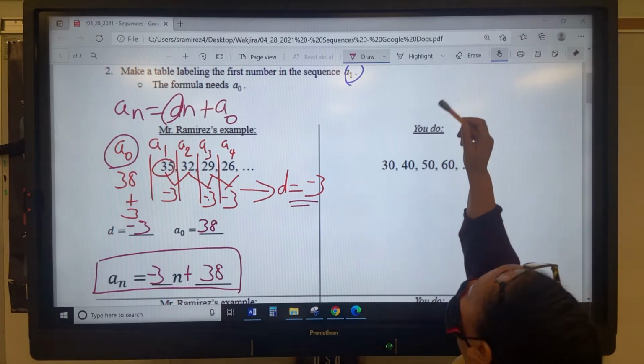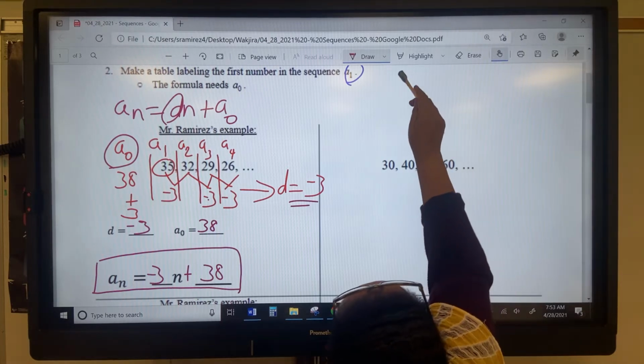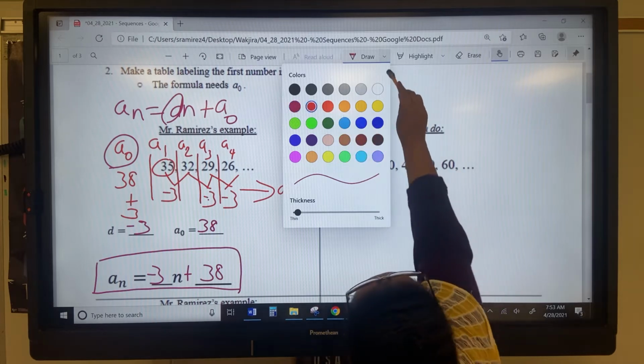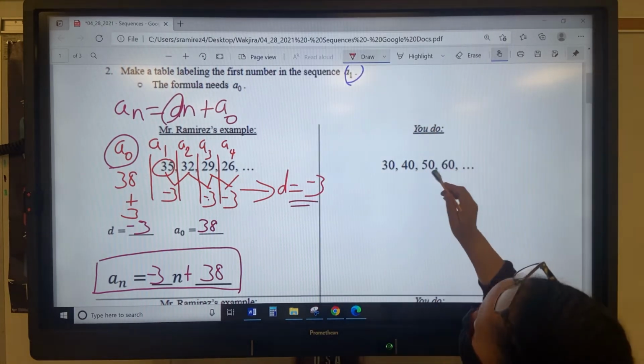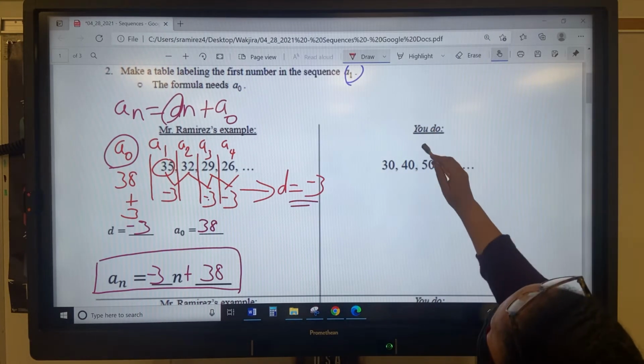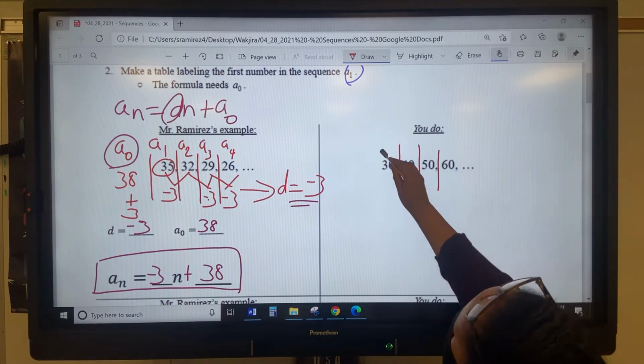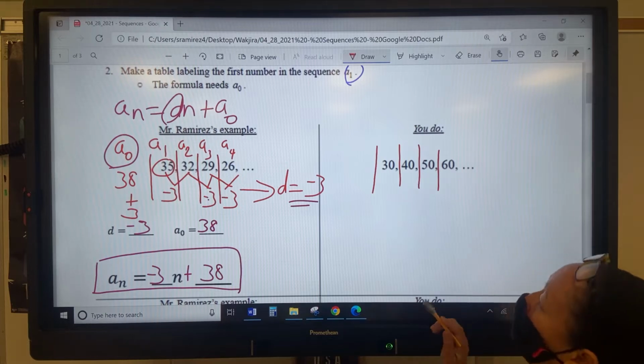Okay, I'm back now, so we can do this together. The same way as we did before, we just need to do our table again, and after we do the table, we have to label them.